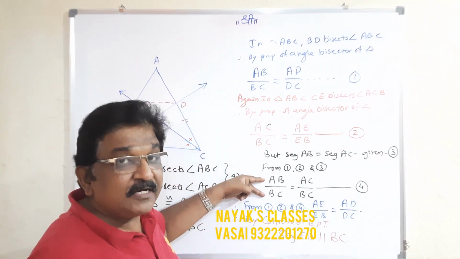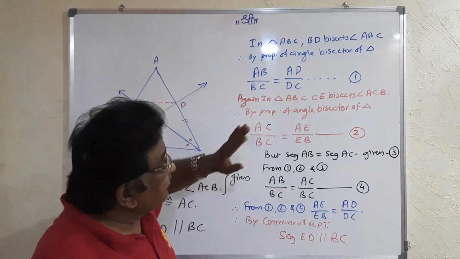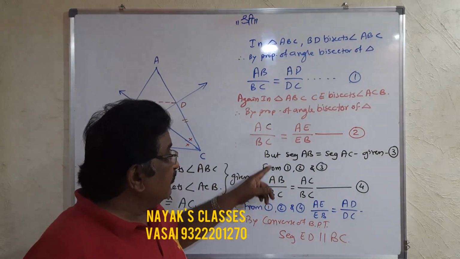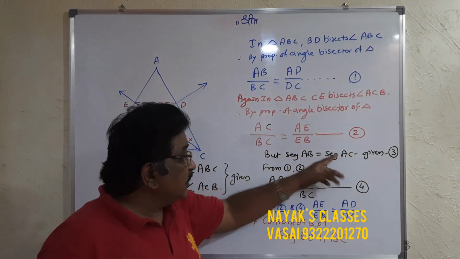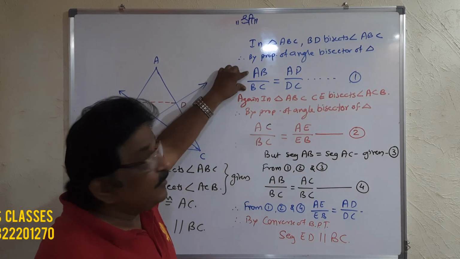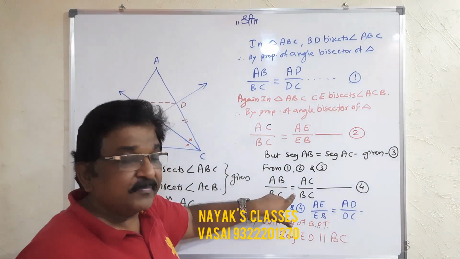Very carefully understand this. AB, AC same and BC is common. So from 1, 2, 3, we can say AB upon BC is equal to AC upon BC.